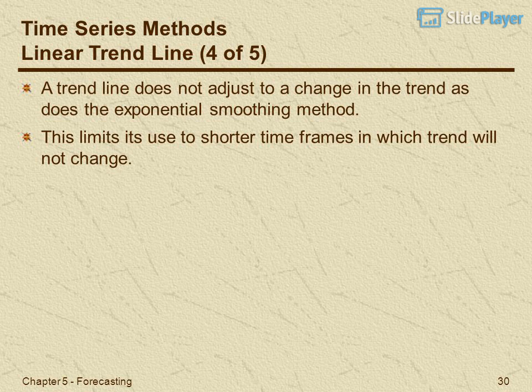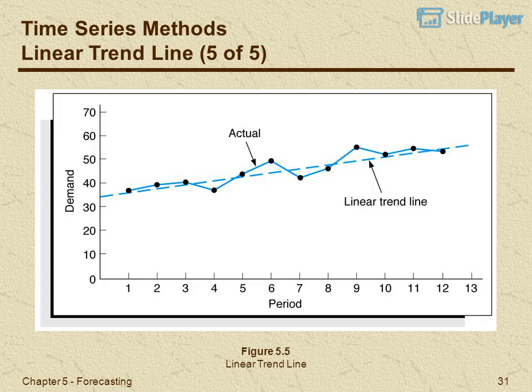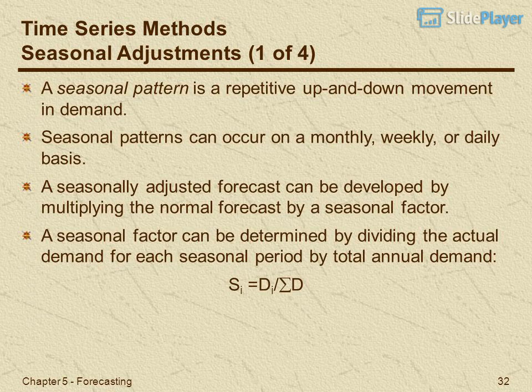Chapter 5, Forecasting. Time series methods. Linear trend line, figure 5.5. Seasonal adjustments. A seasonal pattern is a repetitive up and down movement in demand.